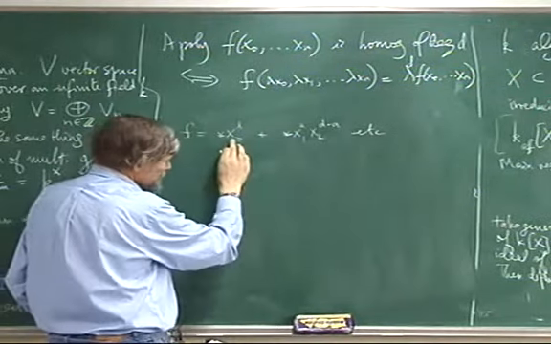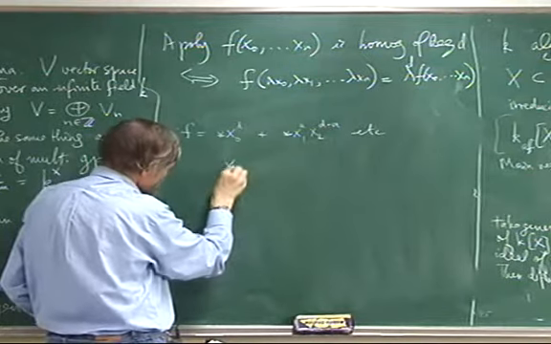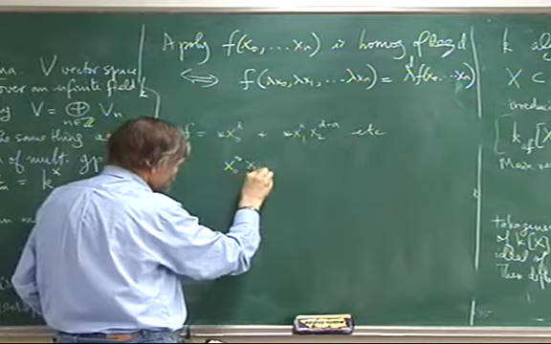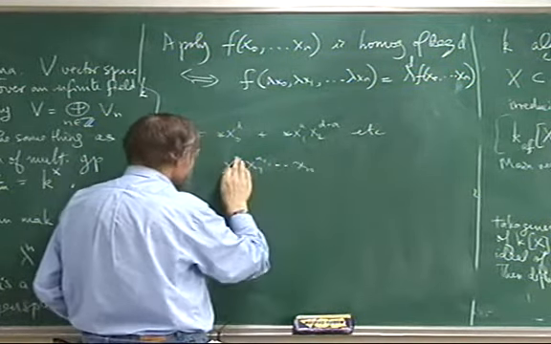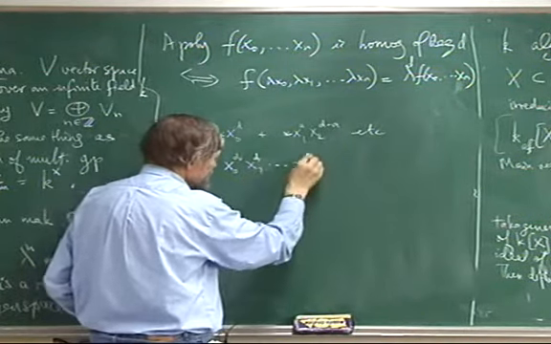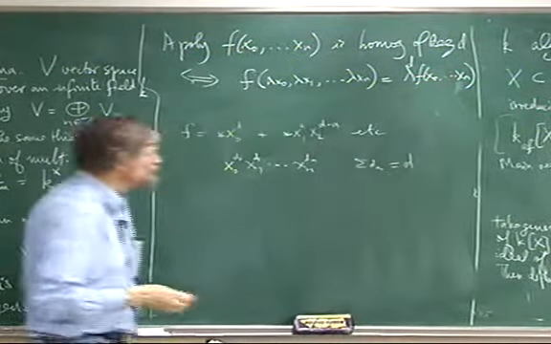The general case is x_0 to the d_0, x_1 to the d_1, and so on, x_n to the d_n, where the sum of the d_i equals d.